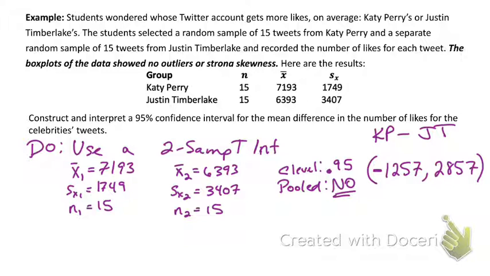Justin Timberlake's. But if I'm getting positive numbers, whose likes are more? Katy Perry's. Okay. But here's the biggest question of the whole day. Is it possible that they can have the same number of likes on average? Yes. How do you know that? Because zero's in there. Okay, cool.